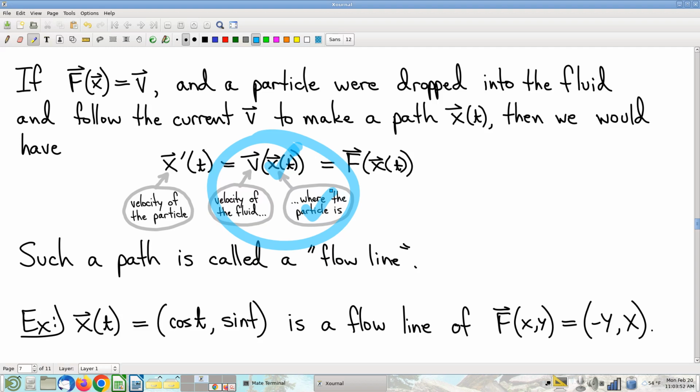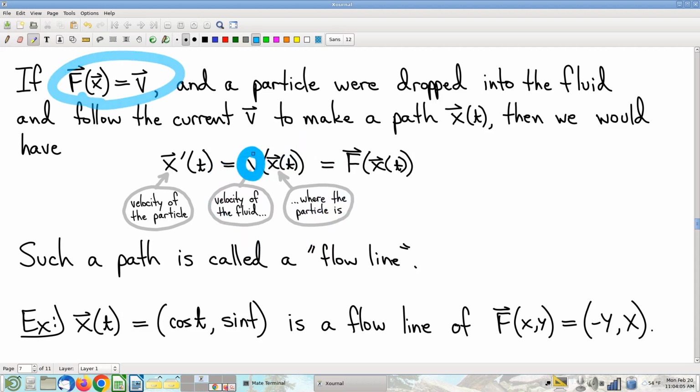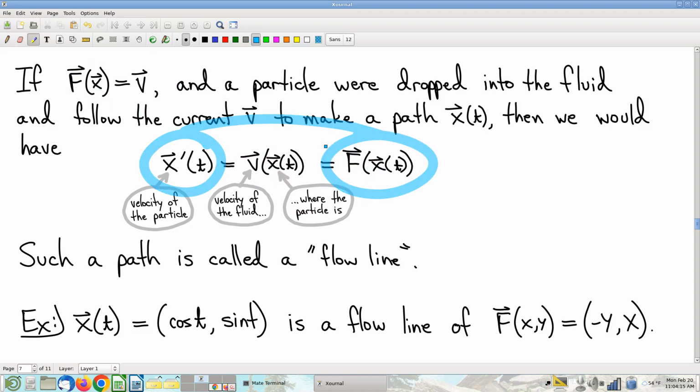Wherever the particle is, the fluid has got some velocity. The particle has to follow the fluid and therefore have exactly that same velocity. And then, of course, don't forget, velocity is what the vector field is that describes our fluid. So altogether, what we get is this equation right here.